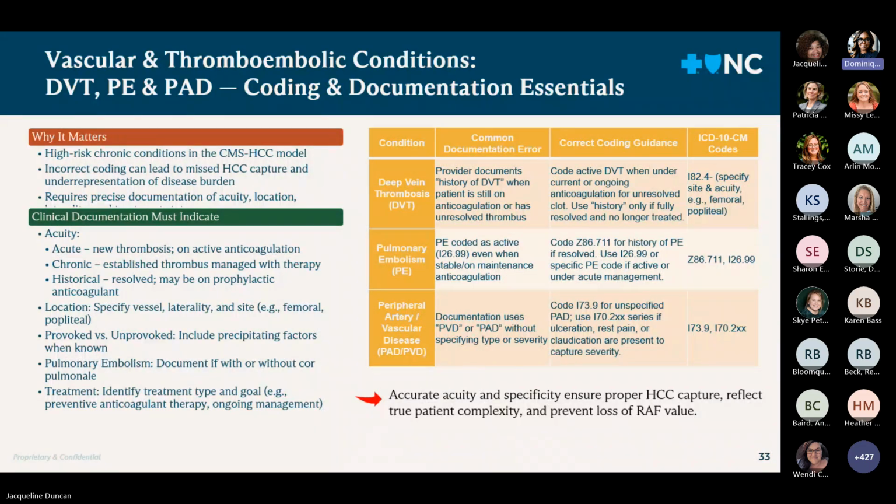Clear documentation of acuity, anatomical location, whether the event was provoked, treatment status, and complicating features ensures coders can assign the most accurate ICD-10 codes, supporting compliance, clinical validity, and appropriate resource planning for high-need populations.